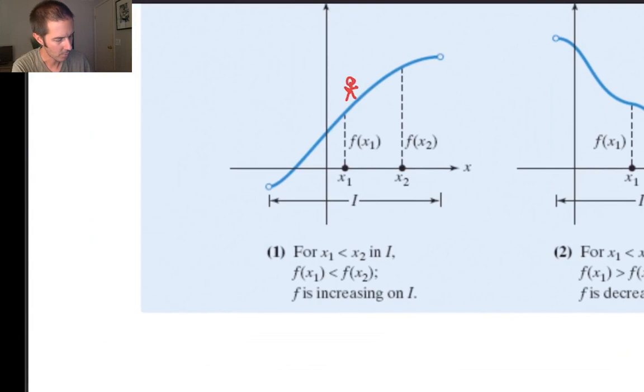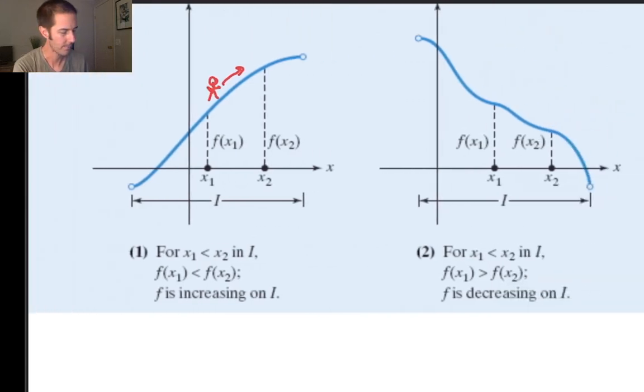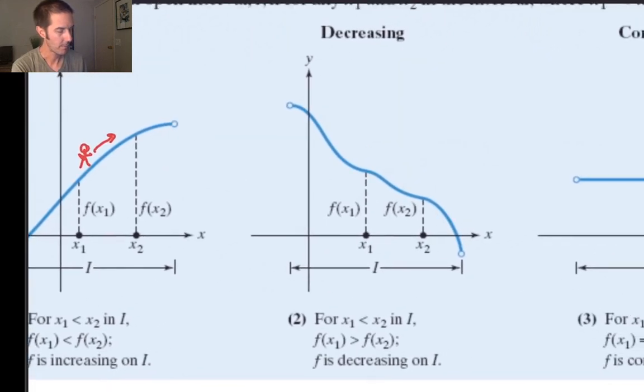The way I always imagine it is as though there's a little person. And this person is always moving to the right. The x coordinates are always increasing. The little person is always moving from left to right. And so here I can see that my little friend is going uphill, and that's why I think of it as increasing. His height above sea level is increasing. His altitude is increasing. Altitude's more for airplanes. His elevation is what I was thinking of.